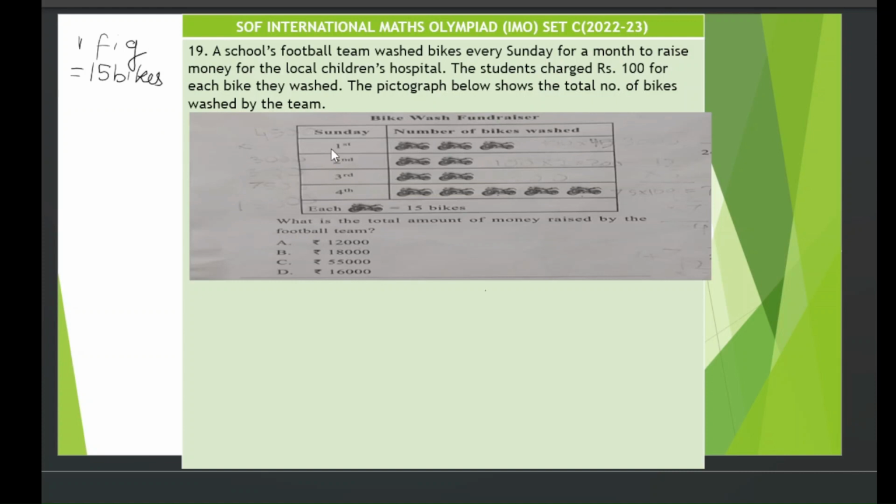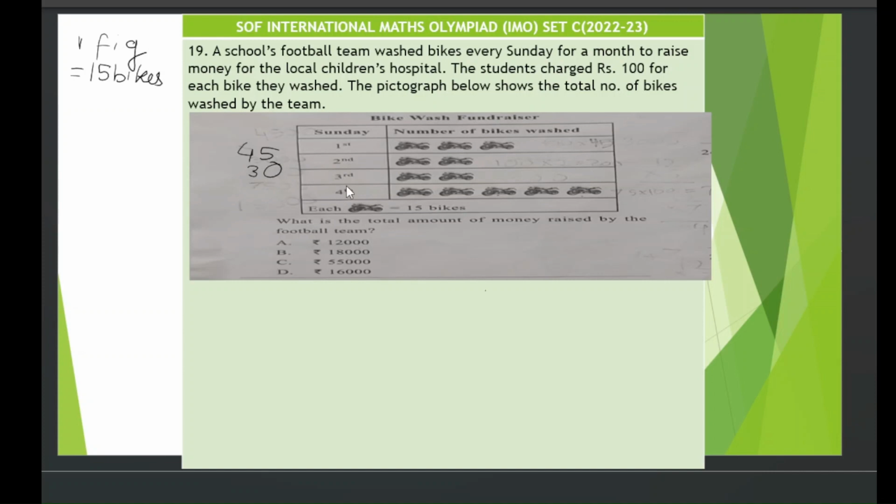So first Sunday, how many bikes are there? 3 bike figures are there, and each bike figure is equal to 15. So 3 multiplied by 15, 15 3s are 45. Total bikes washed on the first Sunday is 45. Second Sunday, again 15 times 2, because 2 bikes are there and each bike figure is equal to 15 bikes. So 15 times 2 is 30.